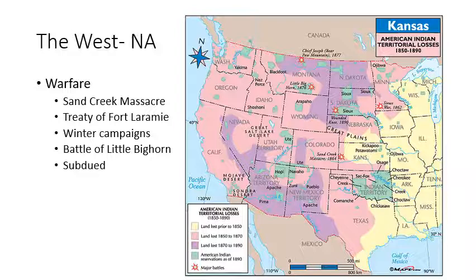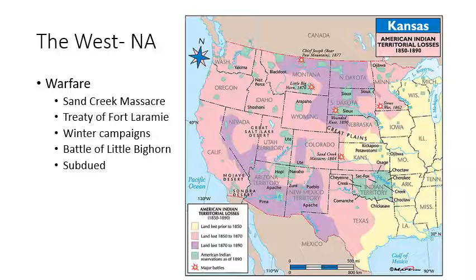So we're going to see over time the United States Army is going to have a new strategy when it comes to dealing with Native Americans. This new strategy being winter campaigns directed against Native American villages. The thing is, Native villages tended to be weaker in the winter, whereas the United States Army had backups when it comes to supplies as well as personnel.